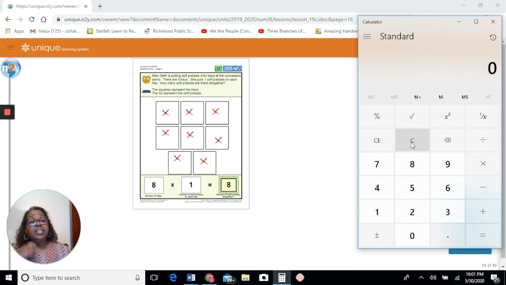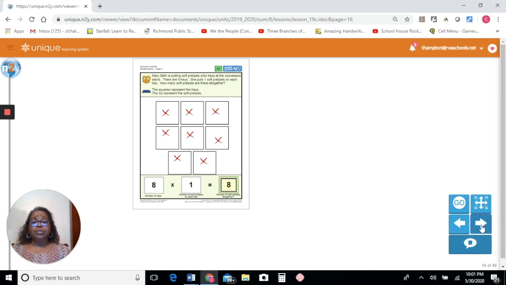I always hit clear, even if the answer is 0. I always clear my calculator first. And we're going to put exactly what we see. 8, multiplication sign, 1, and then hit the equal button. 8 times 1, hit the equal sign, equals 8. And we have the correct answer. Well, I think we've done a great job.